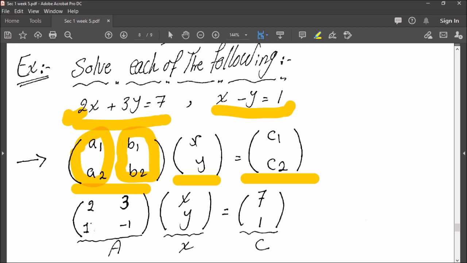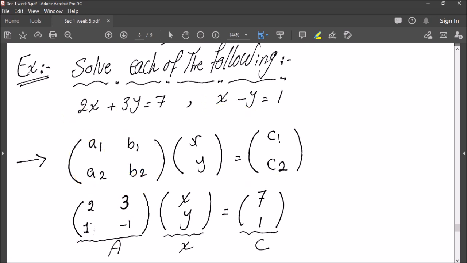Coefficient of x here is 2, coefficient of x here is 1. So 2 and 1. Coefficient of y of the first equation is 3, coefficient of y of the second equation is negative 1. So 3 and negative 1. Our variable matrix remains the same, and in our result matrix, the first equation has result equal to 7, the second equation has result equal to 1.